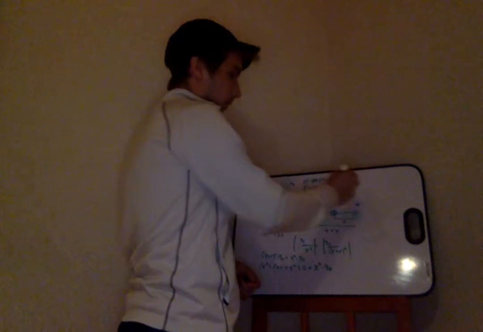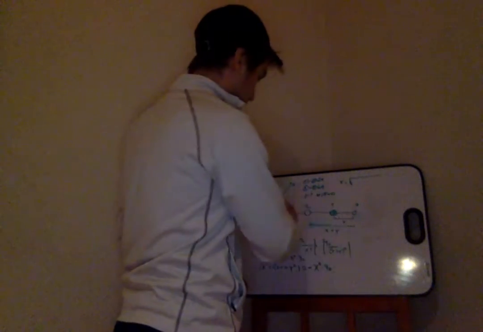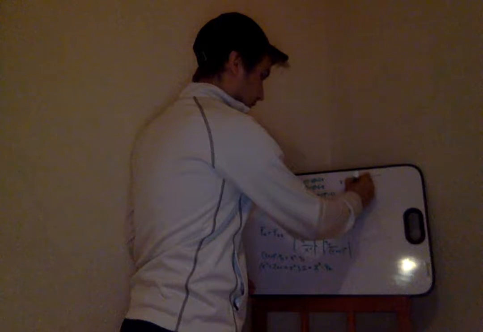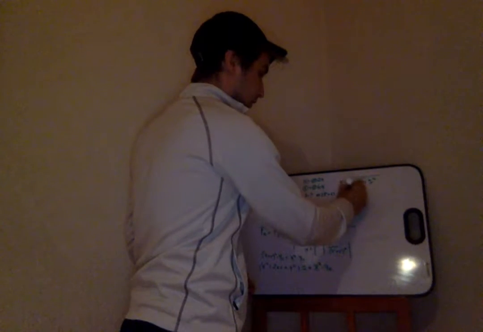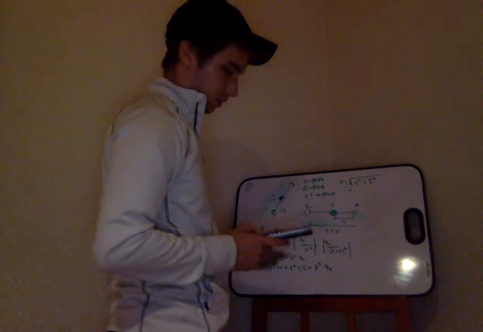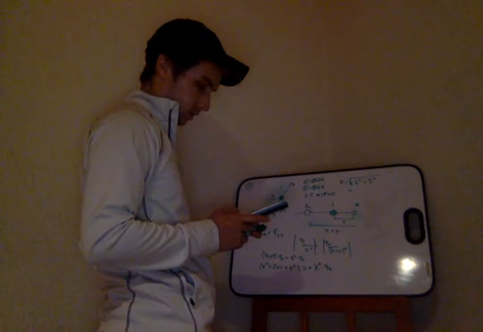So we can get the magnitude of this triangle: the distance r is the square root of 5 squared plus 3 squared, which is the square root of 34, about 5.8.